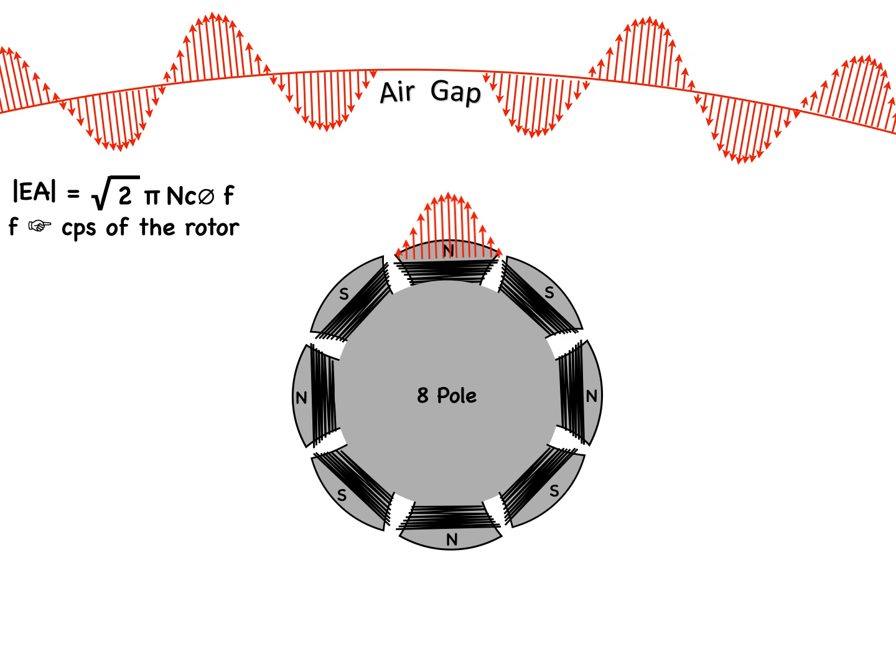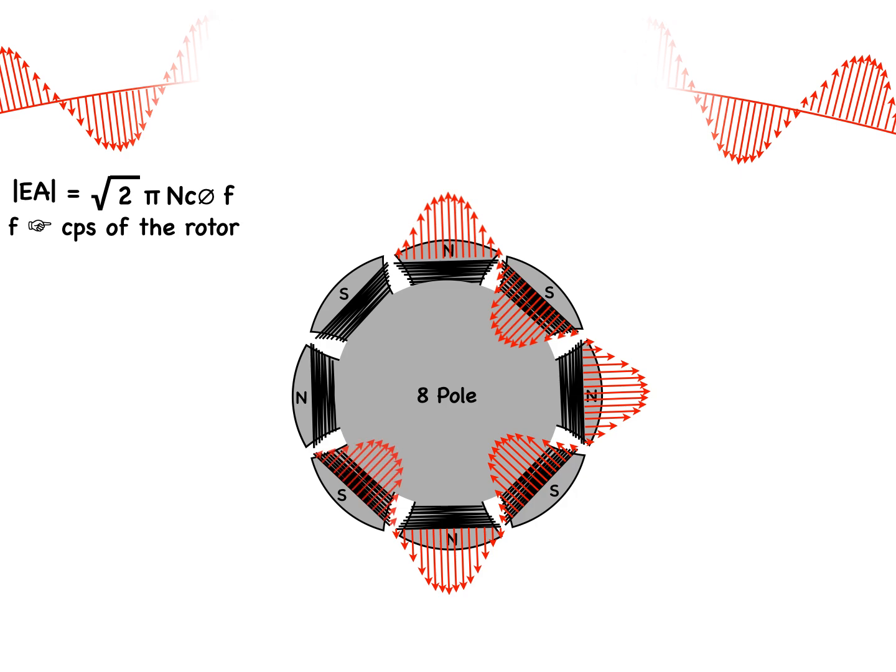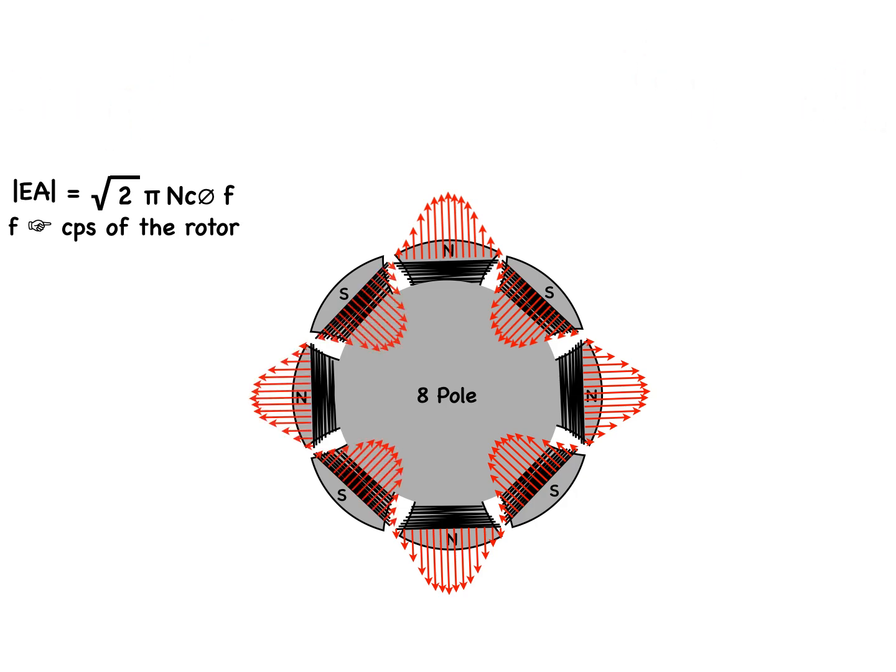The north pole will have flux emanating into the air gap of the coil, and the south pole will have flux returning from the air gap into the pole, with one complete cycle of the flux wave. This, of course, takes place all around the rotor.